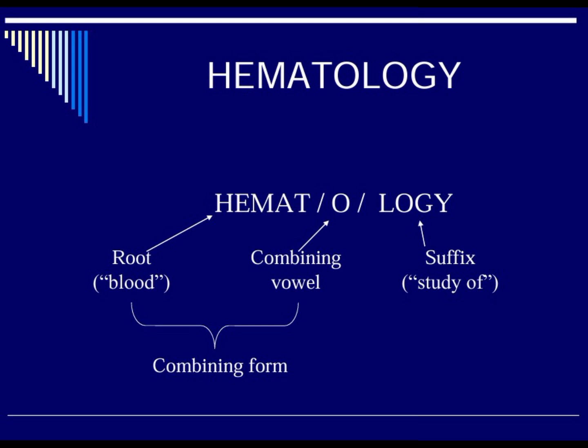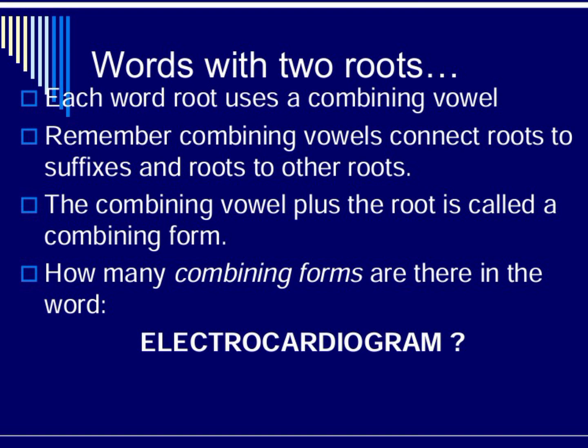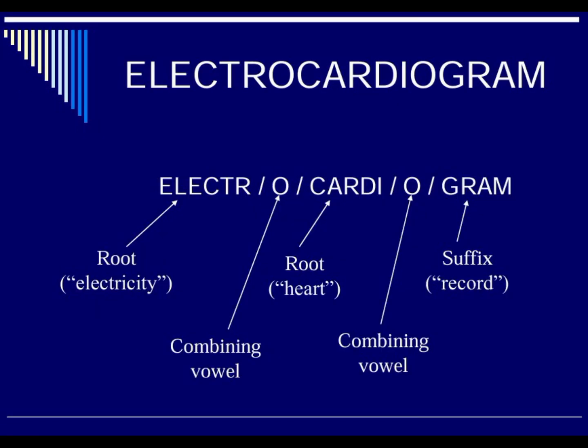Words with two roots. Each word root uses a combining vowel. Remember, the combining vowel connects roots to suffixes and roots to other roots. The combining vowel plus the root is called the combining form. How many combining forms are there in the word electrocardiogram? Electr is the root, O combining vowel, cardi root, O combining vowel, and gram is the suffix.